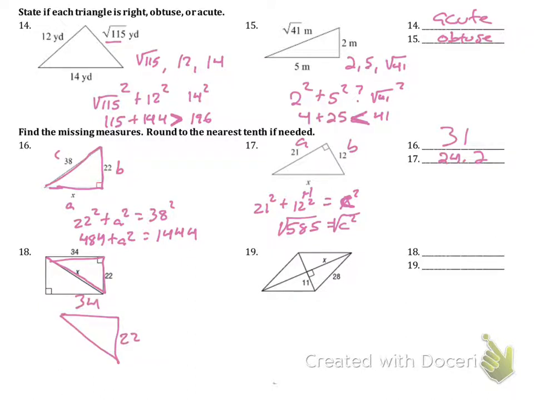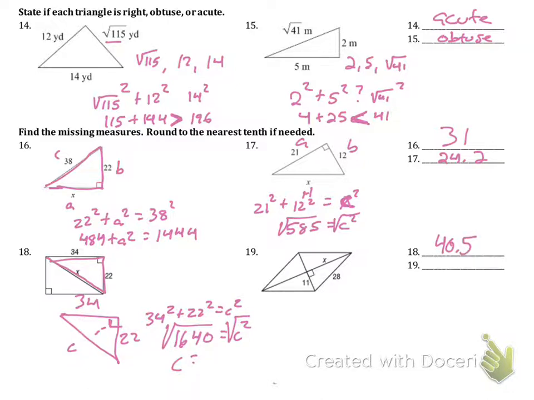And then because the right angle is right there, this is my hypotenuse, so this would be my C. So 34 squared plus 22 squared is equal to C squared. 34 squared plus 22 squared is equal to 1640. It's equal to C squared. So then take the square root of both sides. So then C is going to be the square root of 1640. That'd be 40.49, so 40.5.